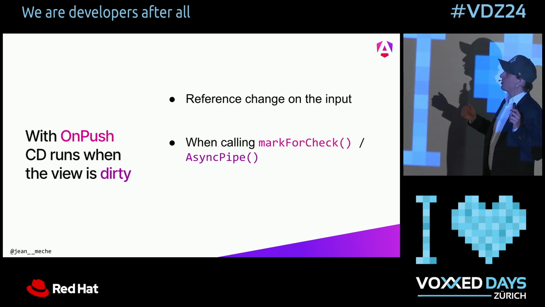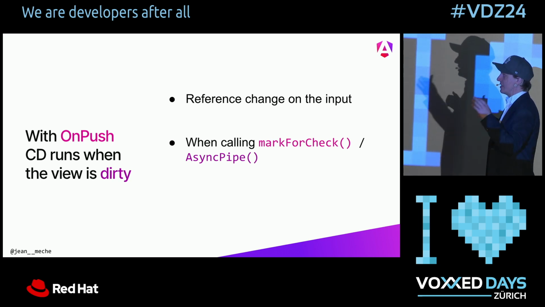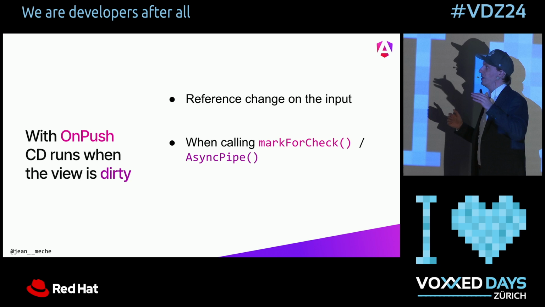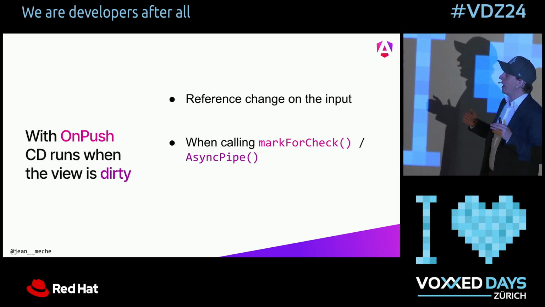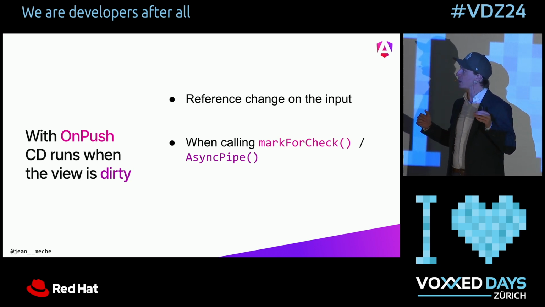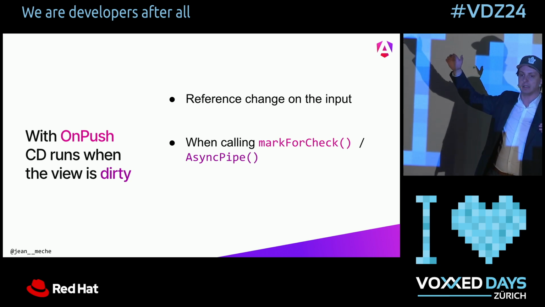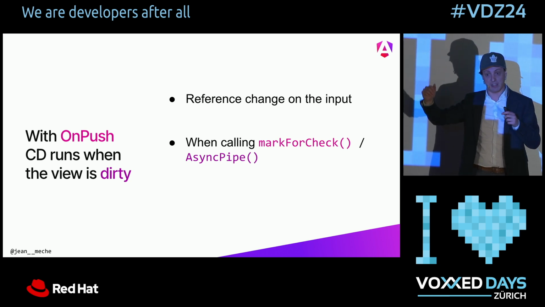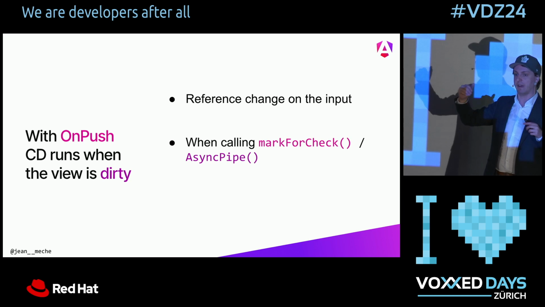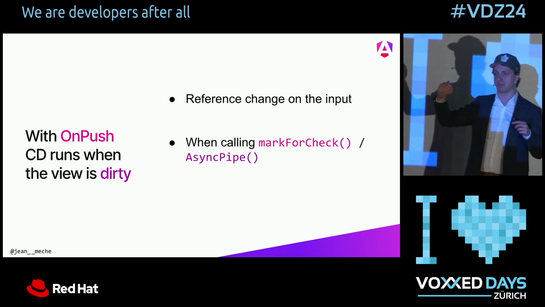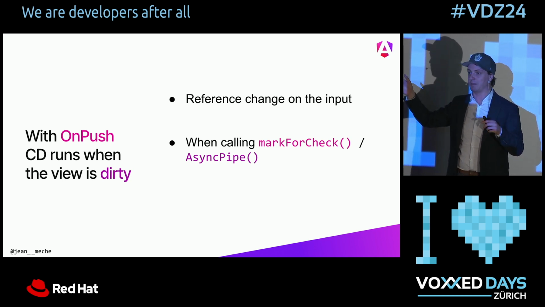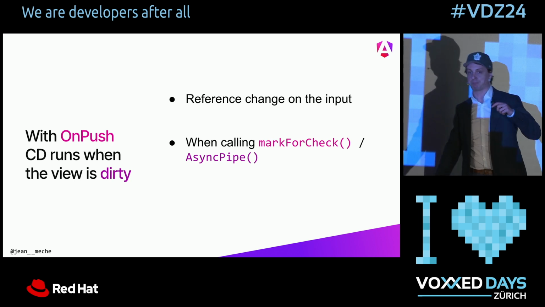The other case where we mark a component as dirty is when you explicitly call markForCheck. That's one of the functions on the ChangeDetectorRef, and it's also called by the async pipe. Every time you have a new value pushed onto your observable and it's listened to by an async pipe, it will mark your component as dirty.